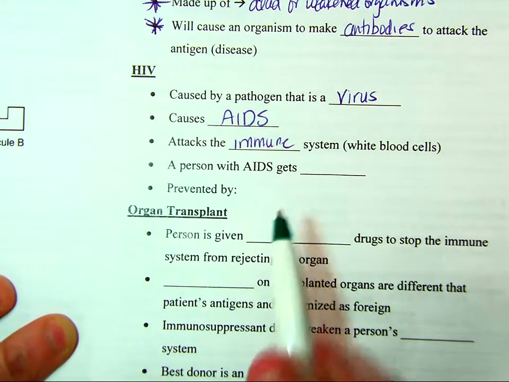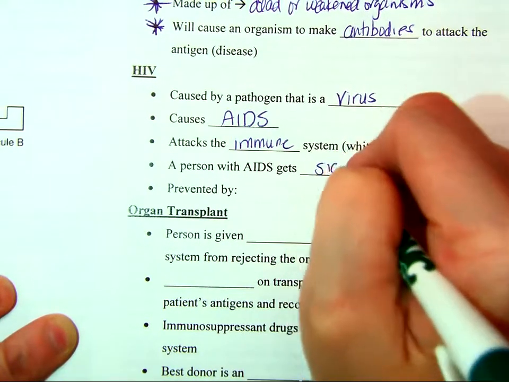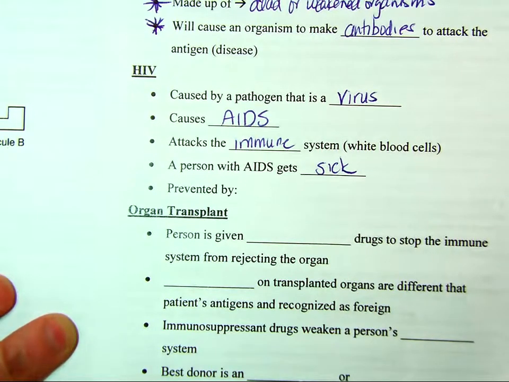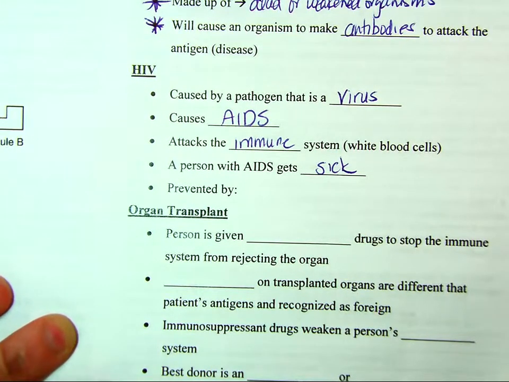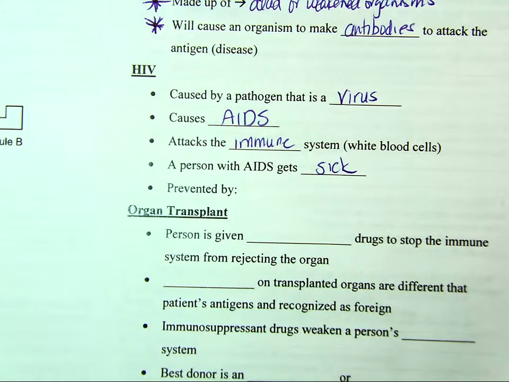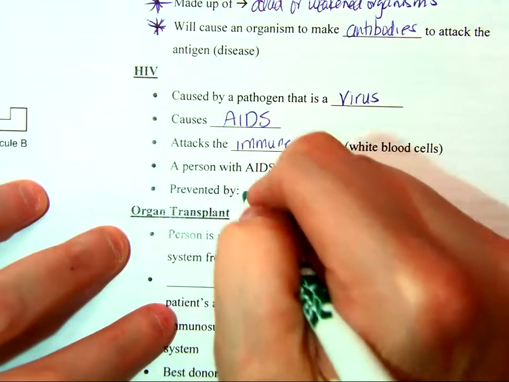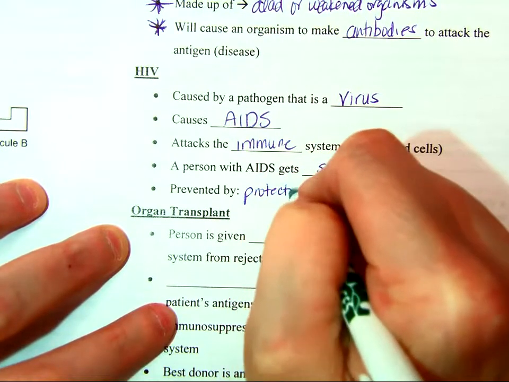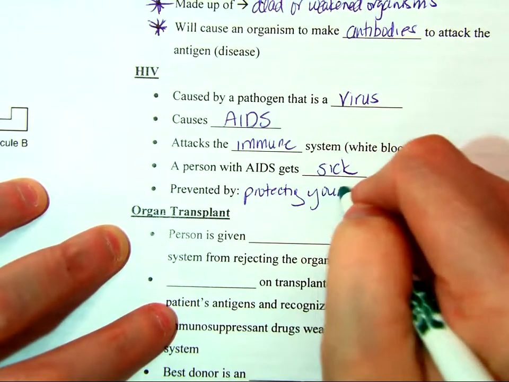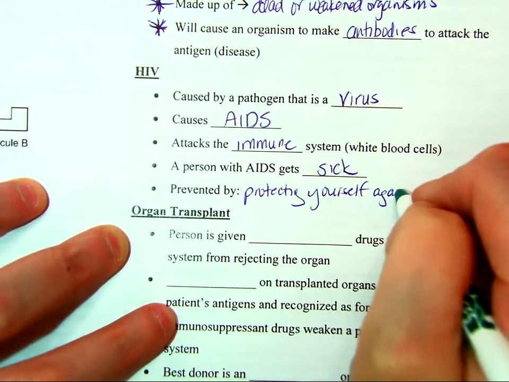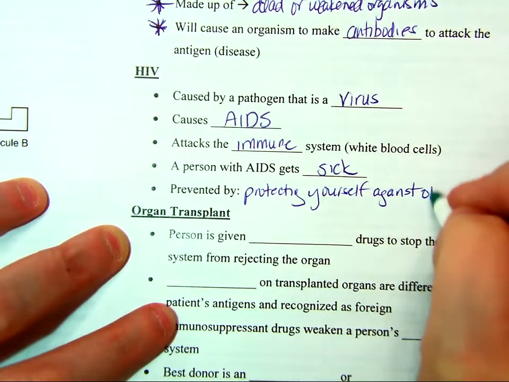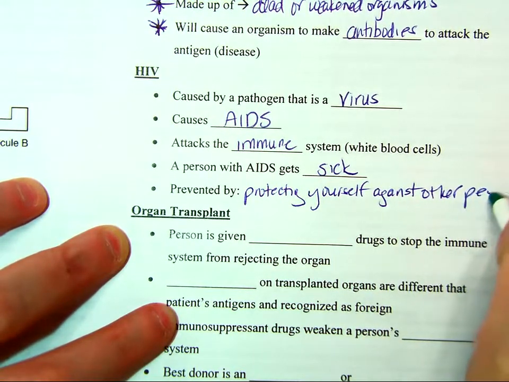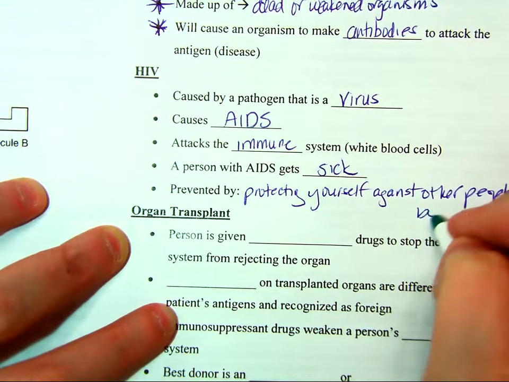A person with AIDS gets sick, and he or she might get it from exposure to blood, dirty needles, or unprotected sex. So you can prevent this by protecting yourself against other people's bodily fluids.